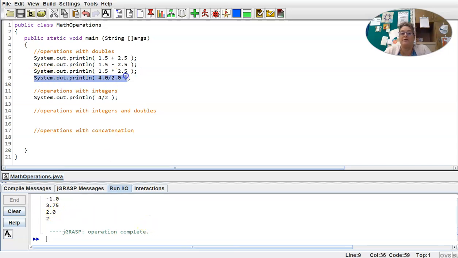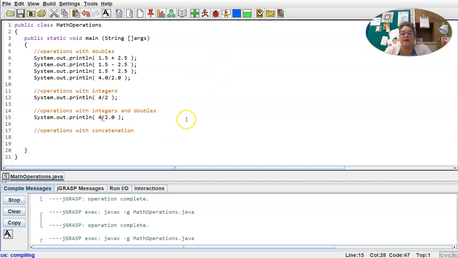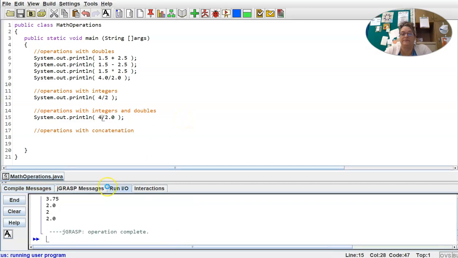Okay, now let's look at what happens when we mix those together. So we're going to have an operation with an integer and a double. So if I take this integer 4 and I divide it by a double, 2.0, let's see what gets returned. Okay, so we get a 2.0.